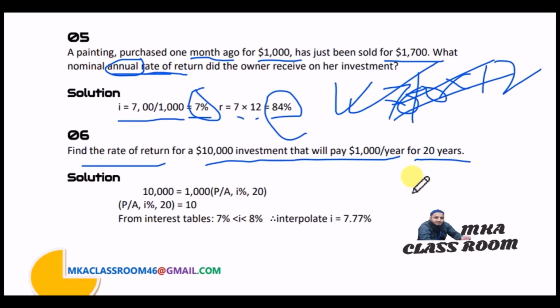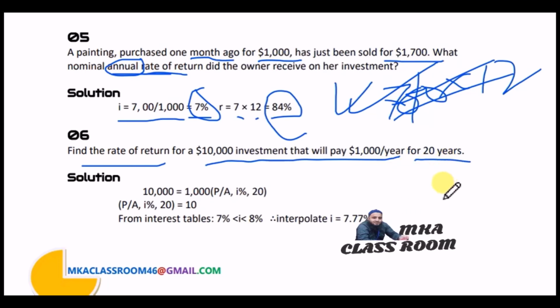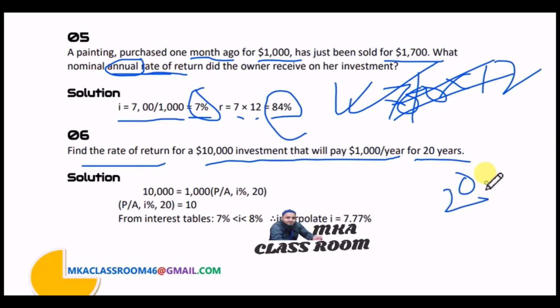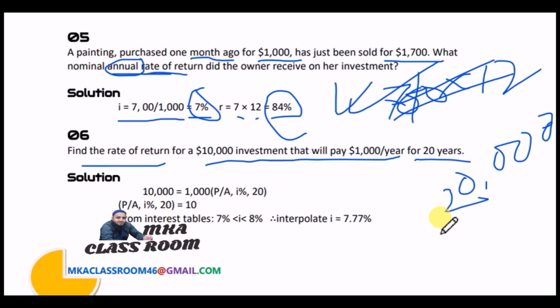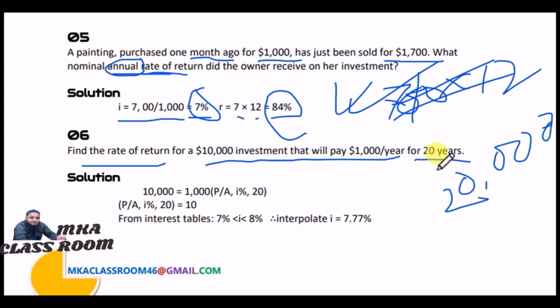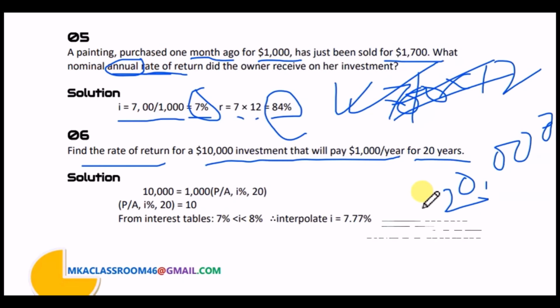You can solve it the normal way. That means in 20 years it should be your 20,000 future value, present value 10,000, and n equal to 20. You can solve in this way, otherwise you can use the tabular method, then you can get your return.